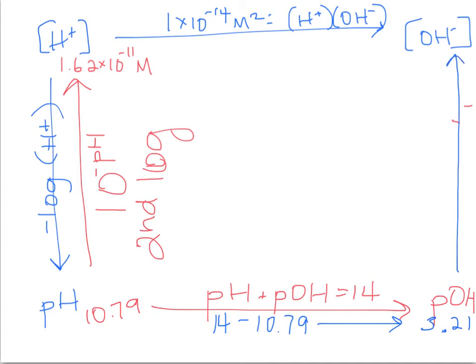We're going to do the same thing we did on the other side. We're going to do 10 to the negative pOH. So in our calculator, we're going to type in second log, which gets me my 10 to the negative 3.21.